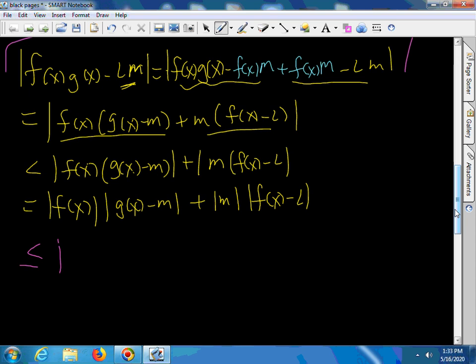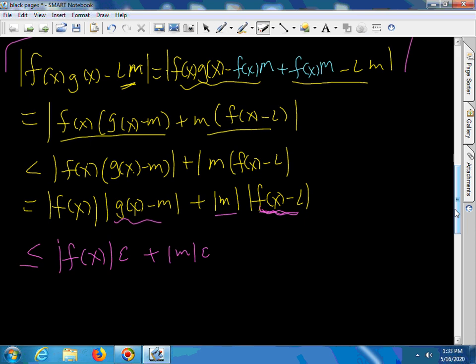This is less than epsilon times, well, that's less than epsilon when x minus a, in absolute value, is positive and less than delta, plus M times that, which is less than epsilon. So I put something bigger than or equal to this.